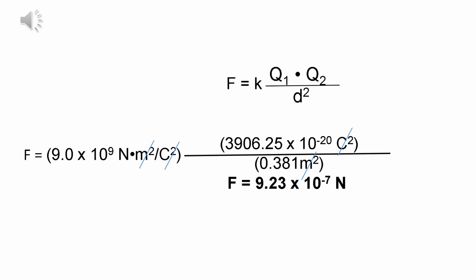So, saan nakuha yung 0.381? We squared the distance. Okay. Then, get the quotient of these two. Then, multiply it by the Coulomb's law constant, which is 9 raised to 9 Newton. And the product will be 9.23 raised to negative 7 Newton. So, this is the Coulomb force.